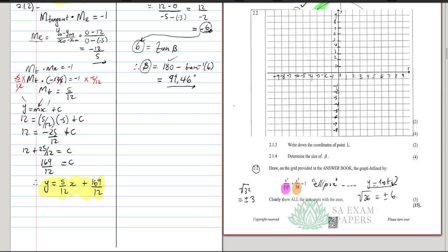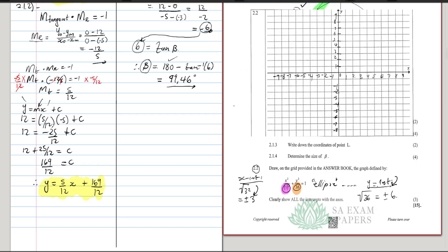Why the y-intercept? Because the 36 is the denominator of y. And then the plus minus 3 is going to be the x-intercept. Why? Because the 3 squared was the denominator of the x variable.